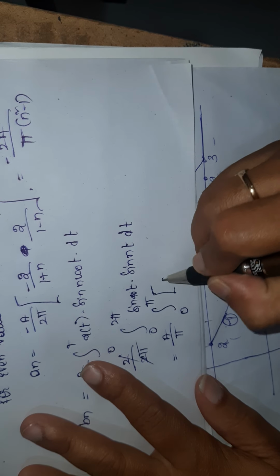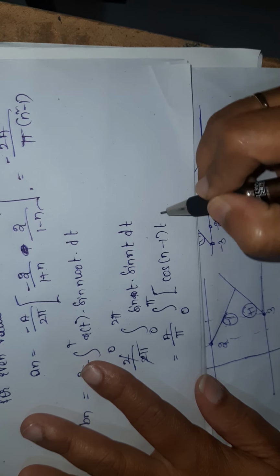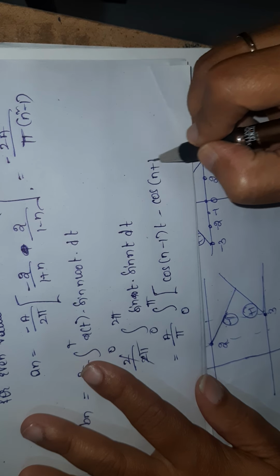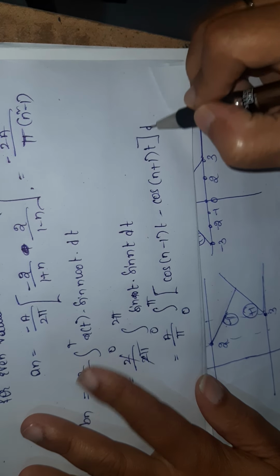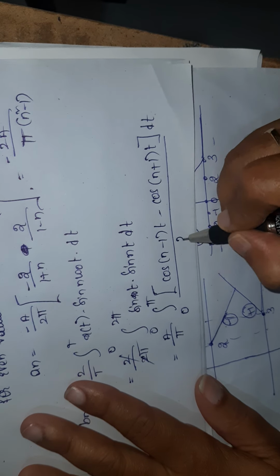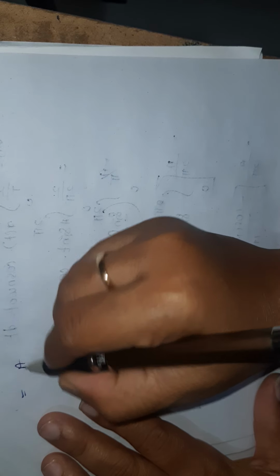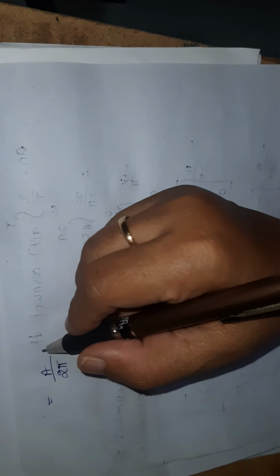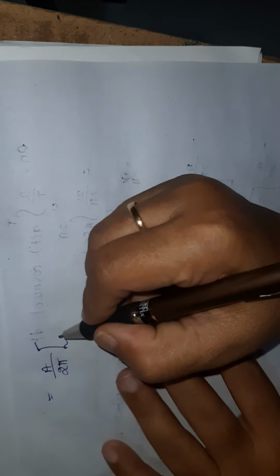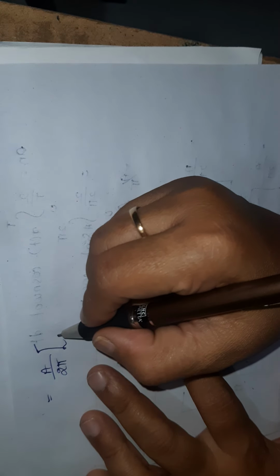Okay, so directly I am writing the formula, cos of, by 2. Next I am having a by 2 pi. After doing the integration, cos will become sin.